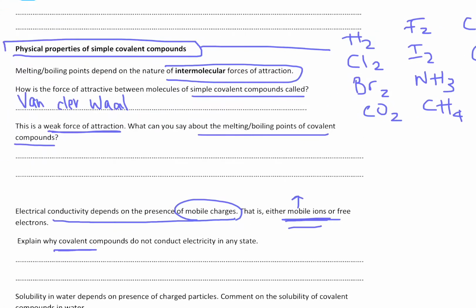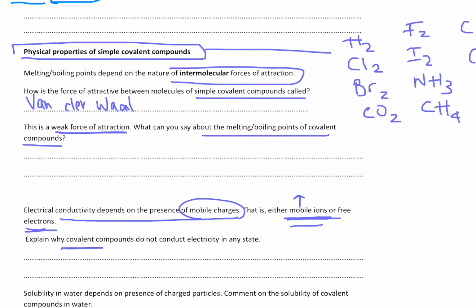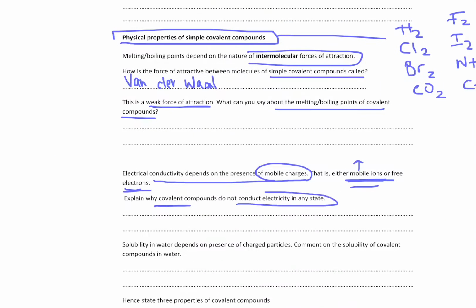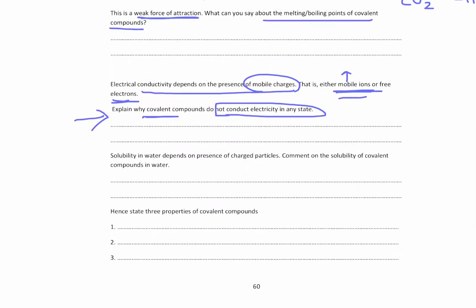So there are no mobile ions and no free electrons. So explain why it does not conduct electricity in any state. Whether the covalent compound is dissolved in water, molten, solid, liquid or gas, it will not conduct electricity. So explain why. I leave that up to you.